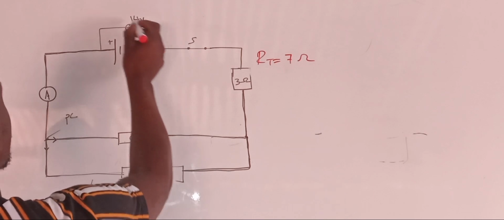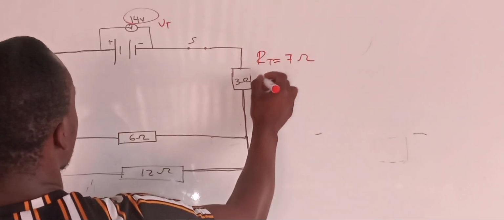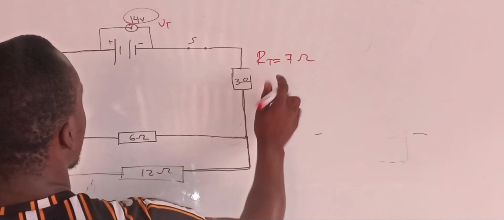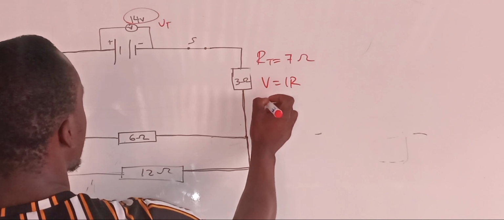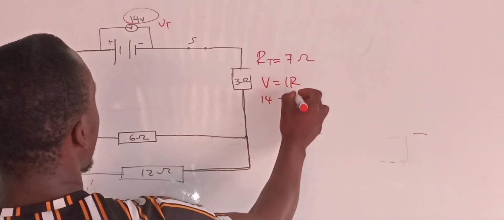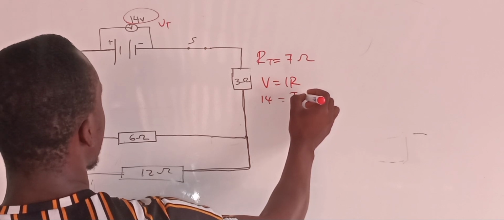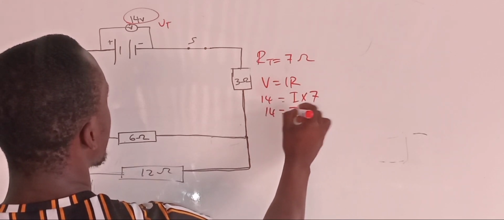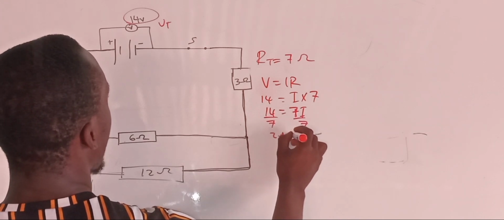We have V total here, which is 14. Now, they want us to calculate I total. V equals IR. We know that our V is 14. For I, we don't have it. What about R? 14 equals 7I. Then we divide by 7, we divide by 7, we have 2 amperes.